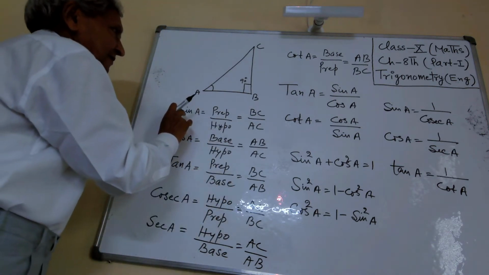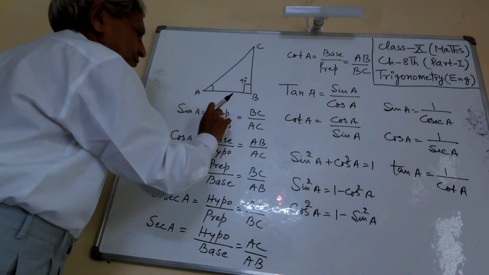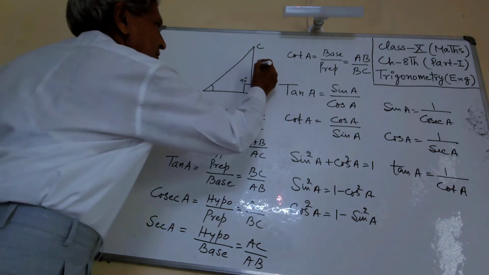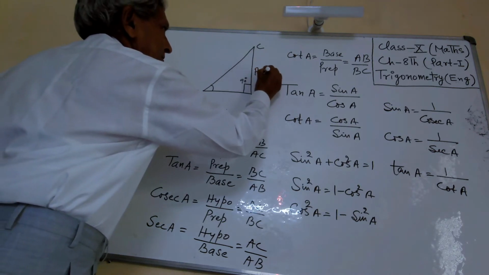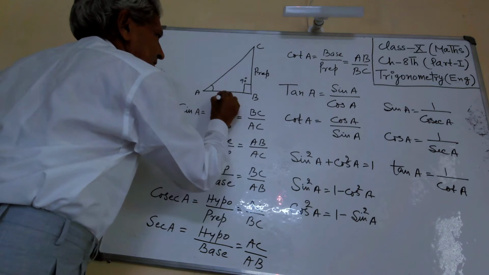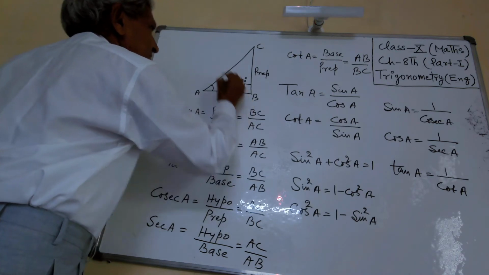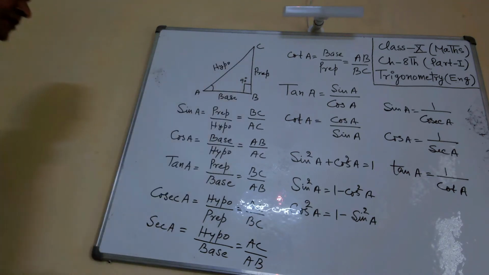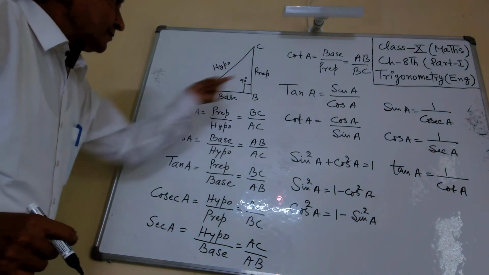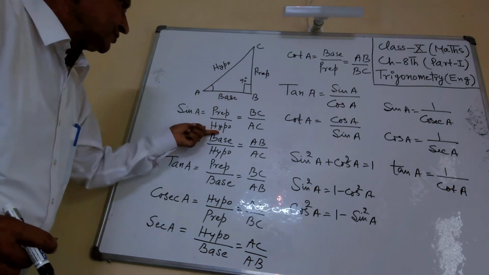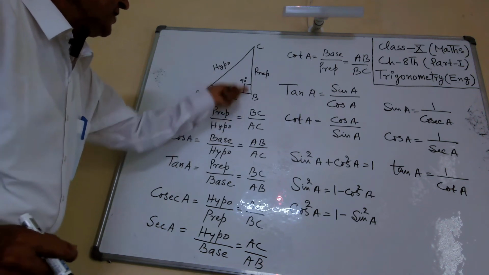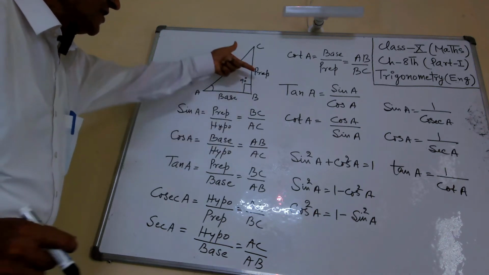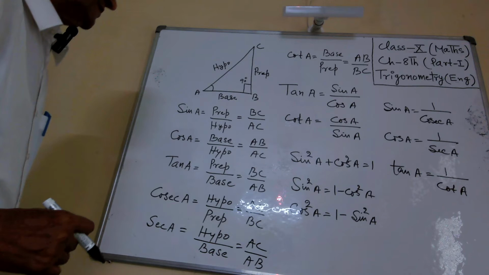Sine A is equal to perpendicular upon hypotenuse. This is the perpendicular, AB is the base and AC is the hypotenuse. You see here, sine A is perpendicular upon hypotenuse, or you can write it BC upon AC.